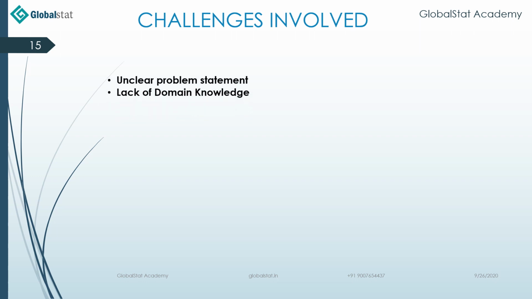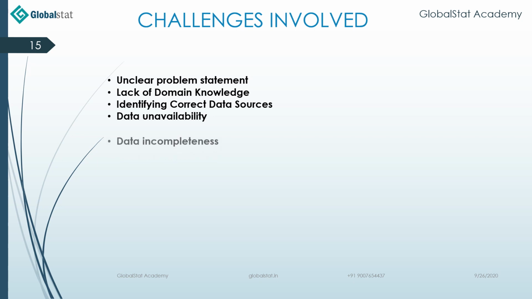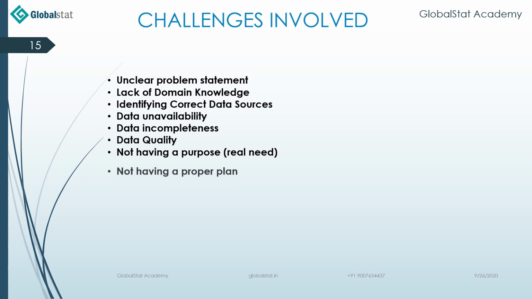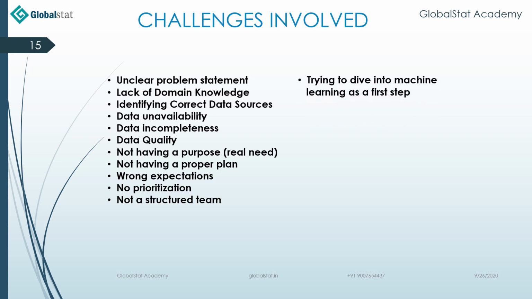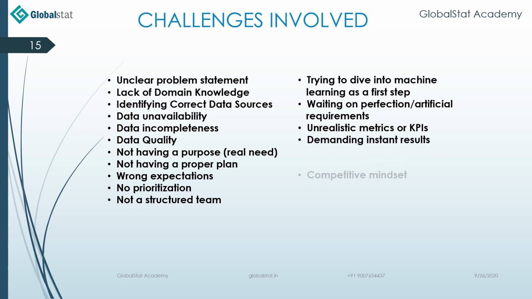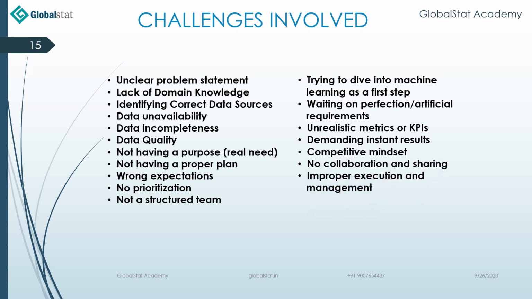Unclear problem statement, lack of domain knowledge, identifying the correct data source, data unavailability, data incompleteness, data quality, not having a purpose, not having a proper plan, wrong expectations, no prioritization, not a structured team, trying to dive into machine learning as a first step, waiting on perfection or artificial requirements, unrealistic metrics or KPIs, demanding instant results, competitive mindset, no collaboration and sharing, improper execution and management, improper team selection.